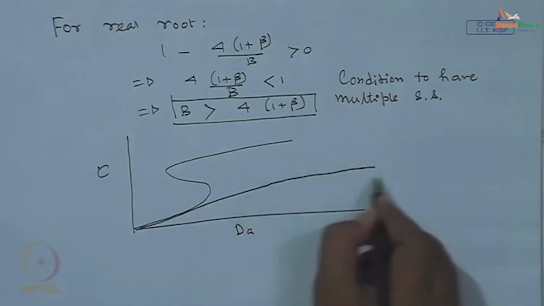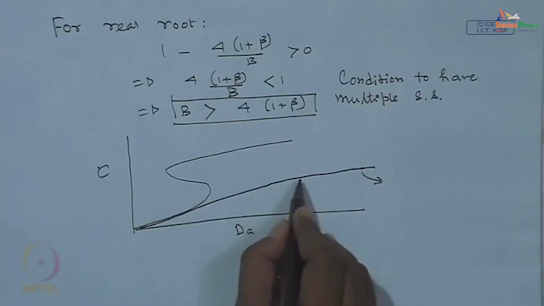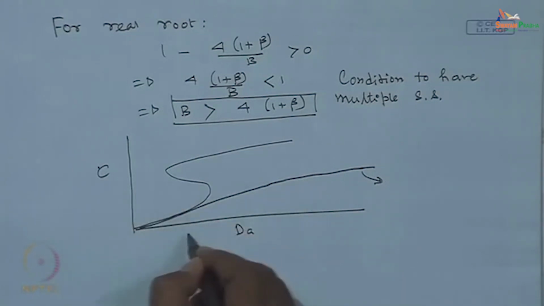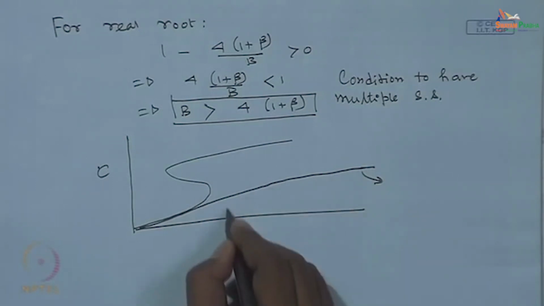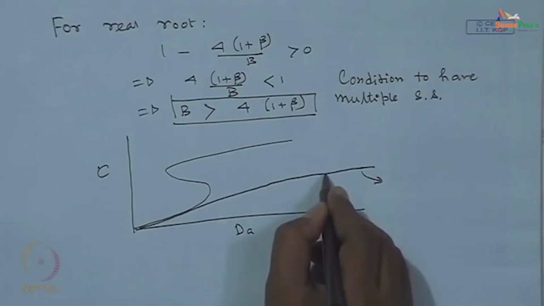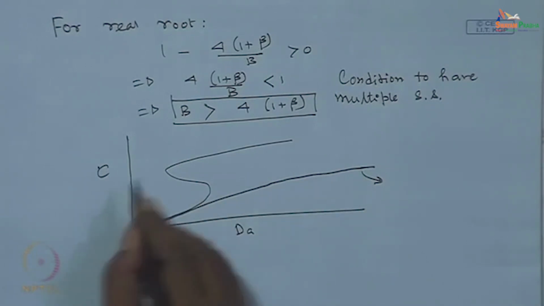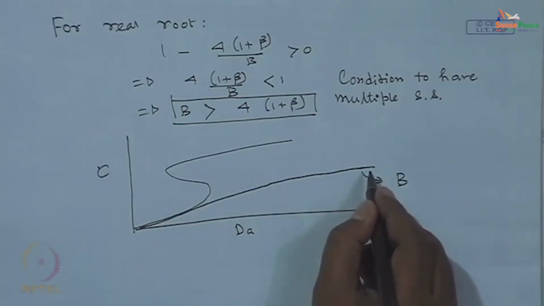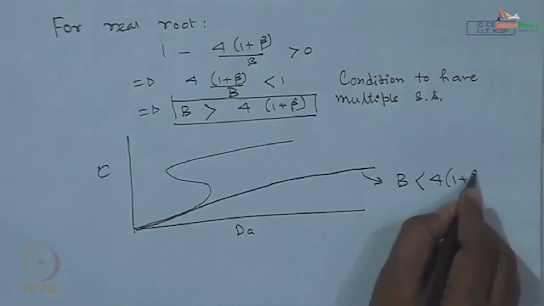In this case, for every Damkohler number you will be having only one C. For the lower curve, for every Damkohler number you will get only one steady state solution, and therefore on this curve the unique steady state exists. So b is less than 4 into 1 plus beta.